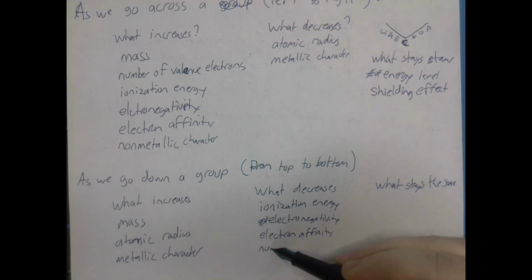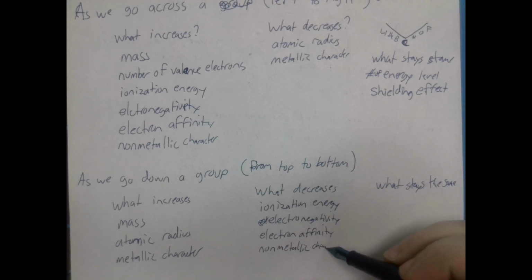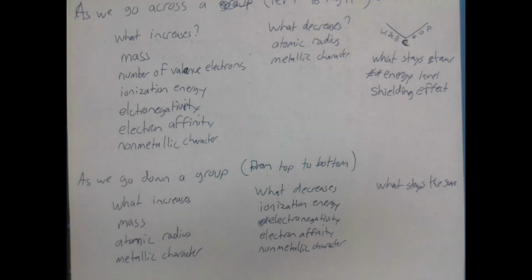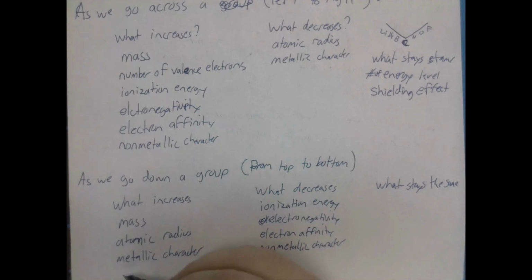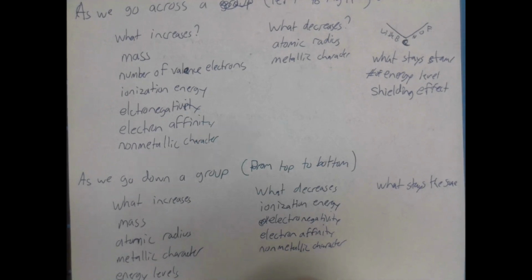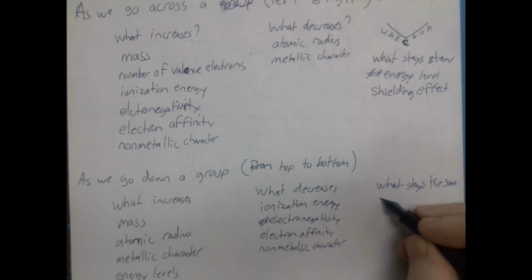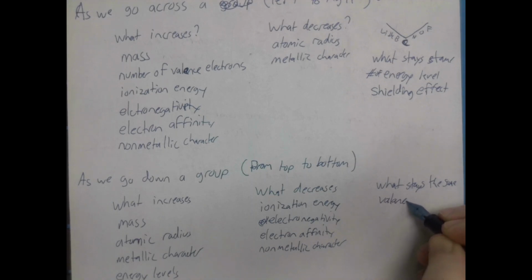And so the opposite of metallic. Energy levels increase. Number of shells, our number of energy levels. What stays the same? Yes, valence electrons stay the same.